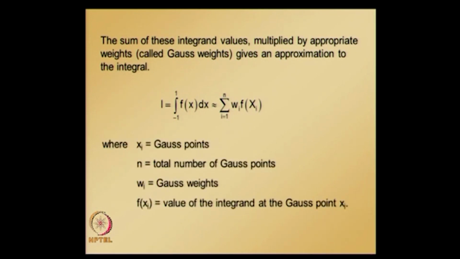Here xi is the location where we need to evaluate the function, called the Gauss point, n is the total number of Gauss points, W is the weight of the Gauss point or Gauss weight, and f(xi) is the value of the integrand, whatever is inside the integral, evaluated at the Gauss point.